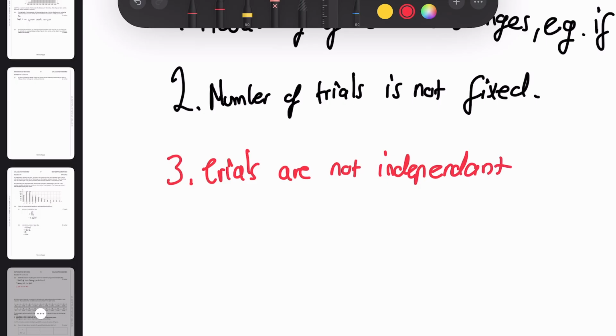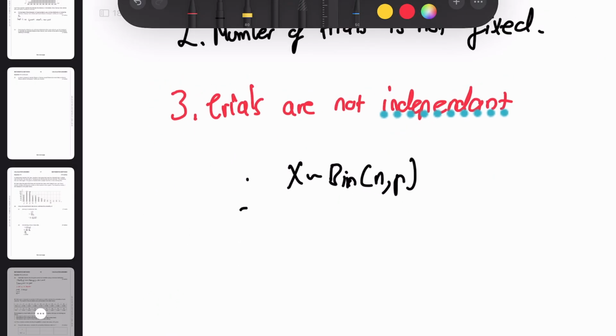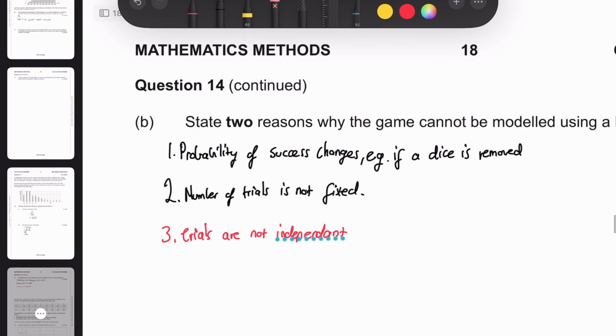So for example, even if we had the same number of trials every single time, let's say we had 5 trials, but then the first trial has p equals 0.5, but then second trial has p equals 0.4, there's no way to express this in a binomial distribution, since the second parameter is the probability of success, and that assumes it for all the trials. So if the trial is always changing, then obviously it cannot be a binomial distribution. So these two are closely linked, but not necessarily the same thing.